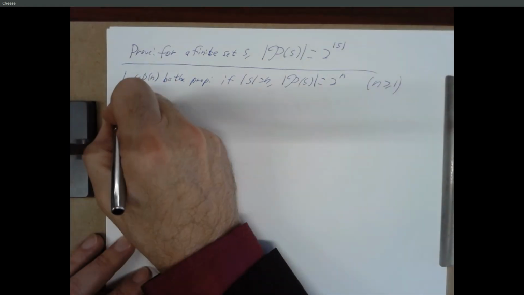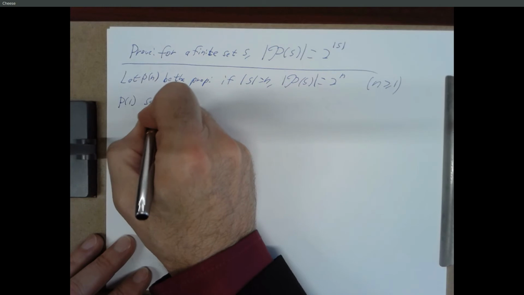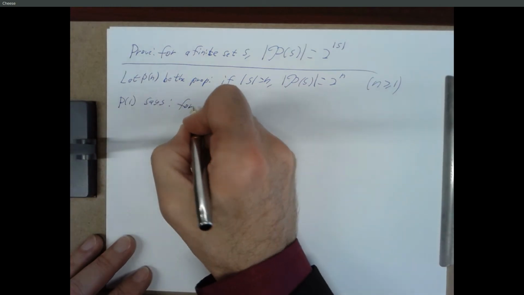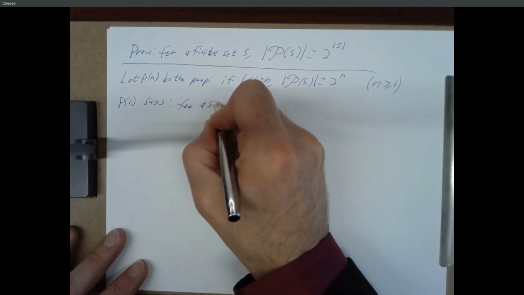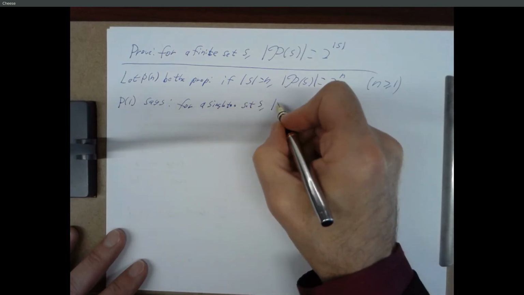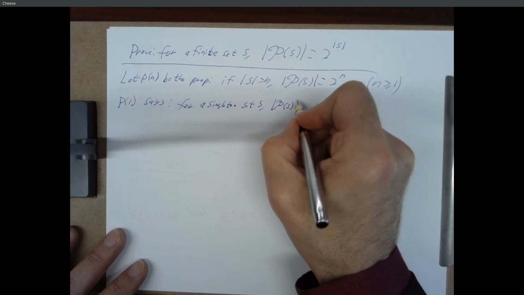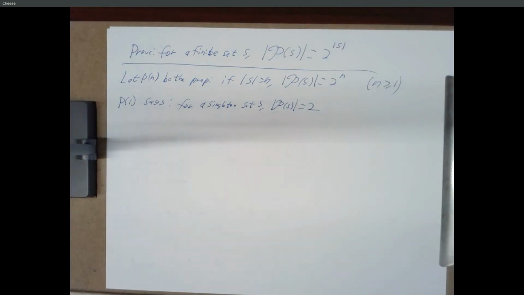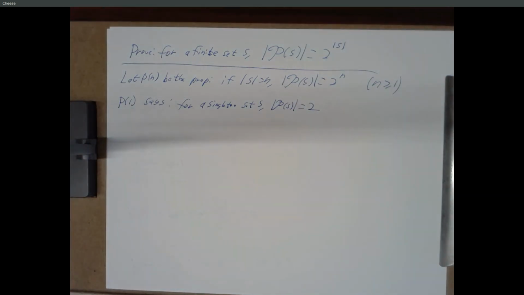All right, well, let's look at P1. So P of 1 says for a singleton set S, the power set has 2 elements in it. 2 to the first. Singleton set has 1 element in it.